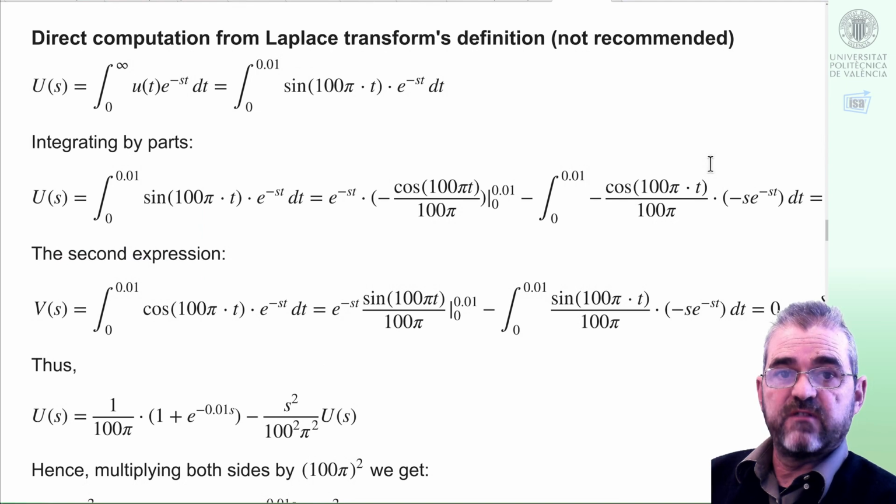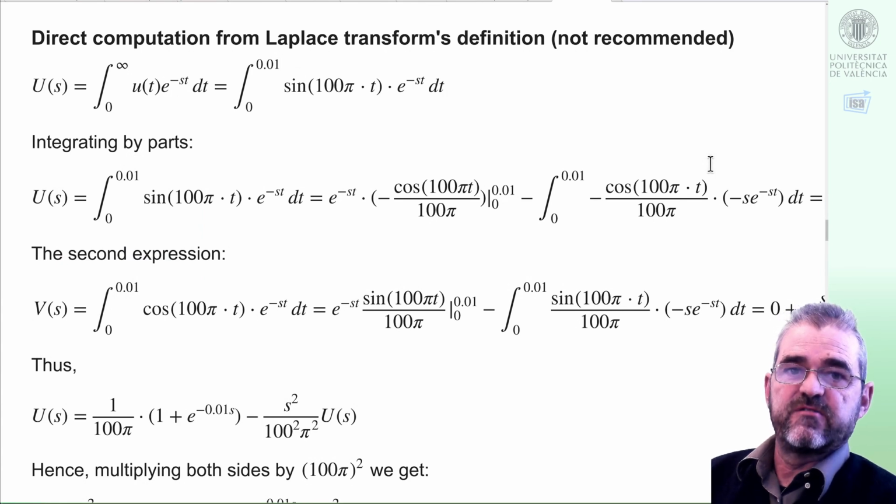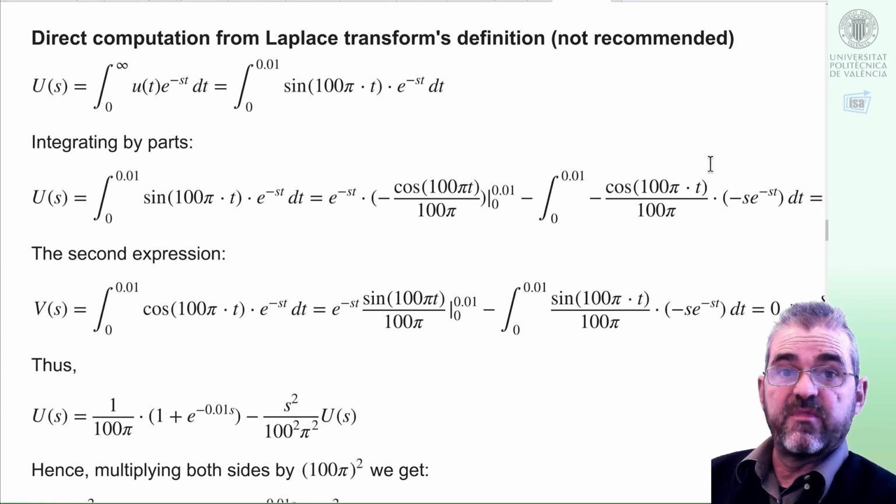A second way of computing the Laplace transform would be applying the Laplace transform definition just directly, but I flag it as non-recommended because usually straightforward manipulations from things in Laplace transform tables are faster to carry out than this integration stuff.